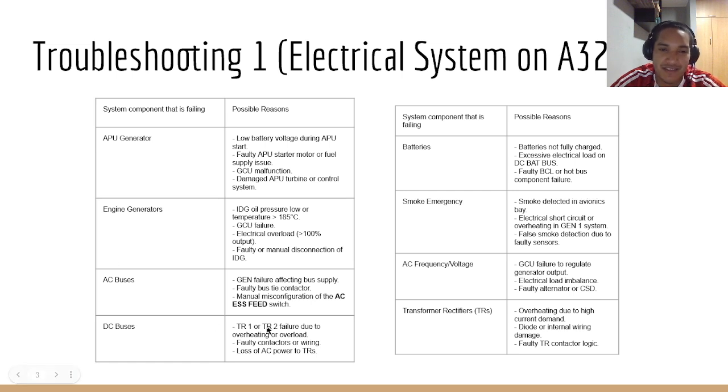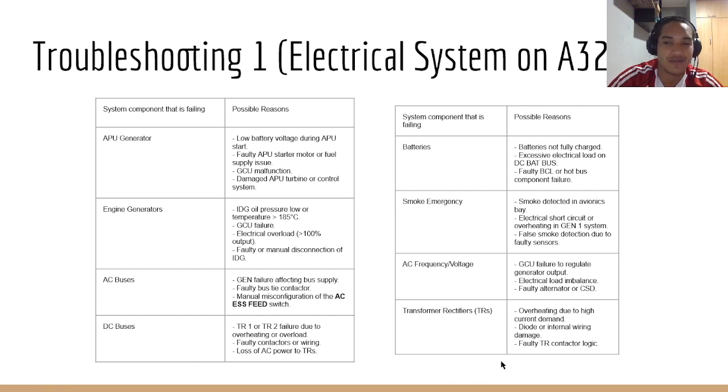For example, in the DC buses, there is the TR, the transformer rectifier, because it could be overheating or overload in these sections, and the AC energy through the transformer rectifier for the DC buses does not get transformed, because there is a logic below that makes a protection against overheating or overload.